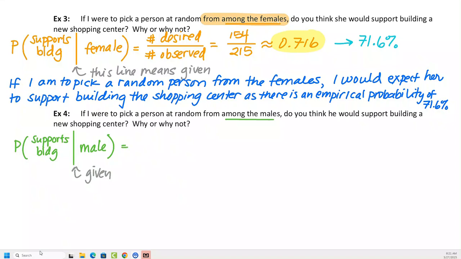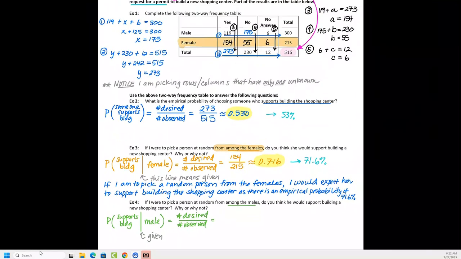So I am going to do my number desired over the number observed. So this time, since I'm looking just at the males, I am going to look just at this row here.